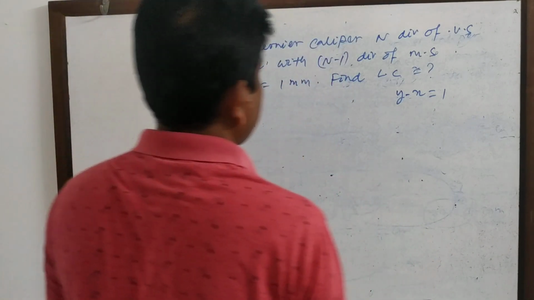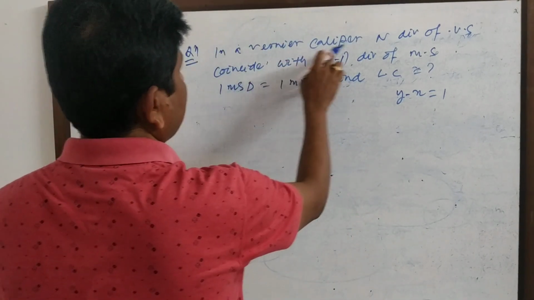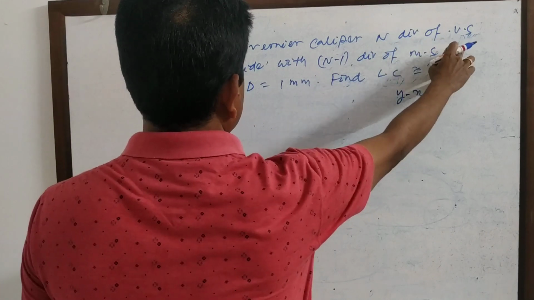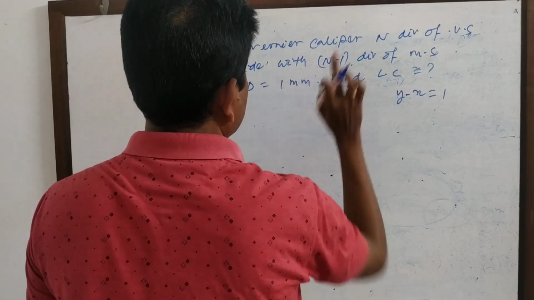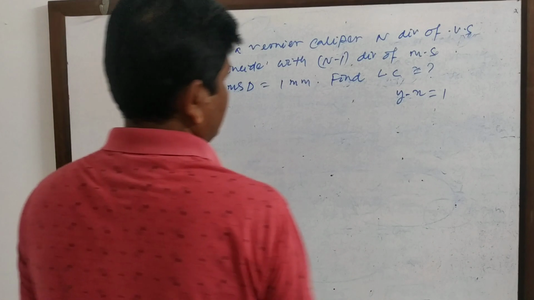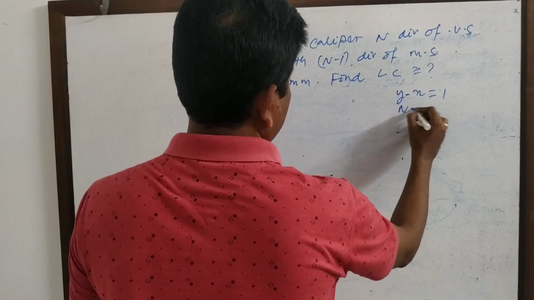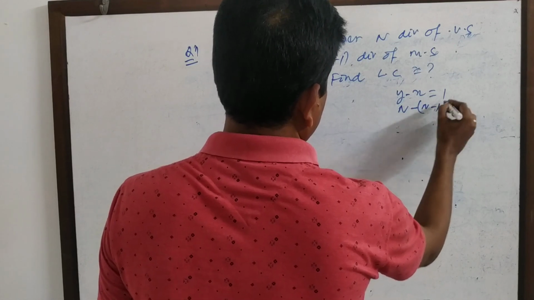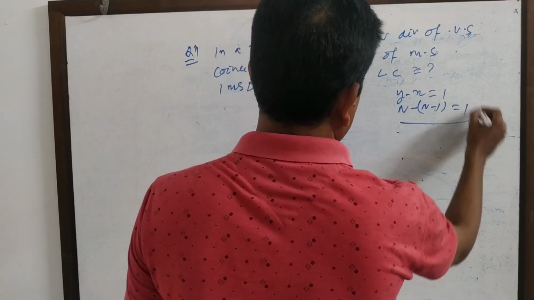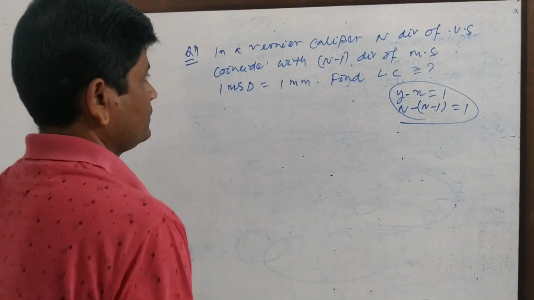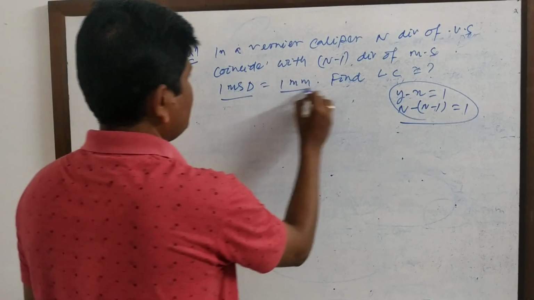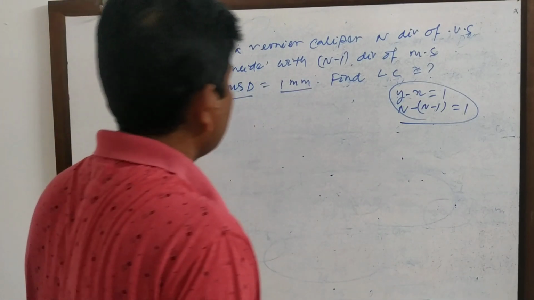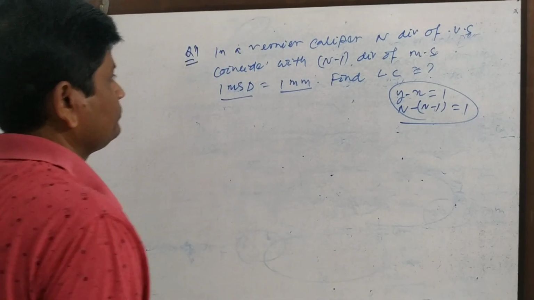In the vernier caliper, n divisions of vernier scale coincide with n minus 1, that is y is equal to n, x is equal to n minus 1, so y minus x is equal to 1. And 1 MSD is equal to 1 mm.